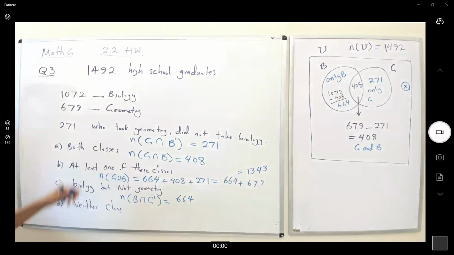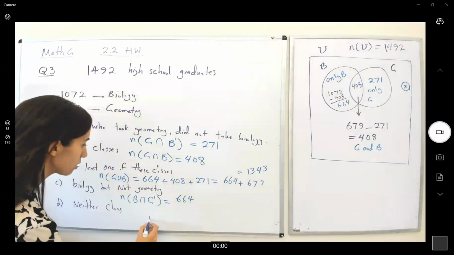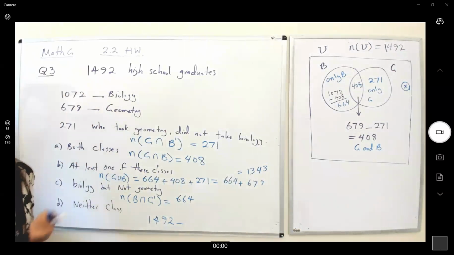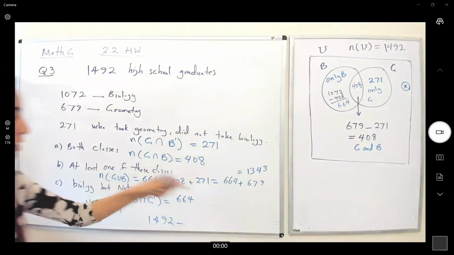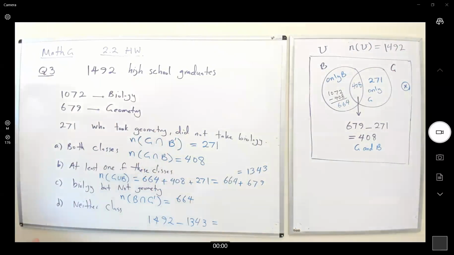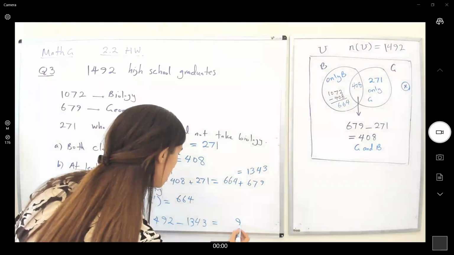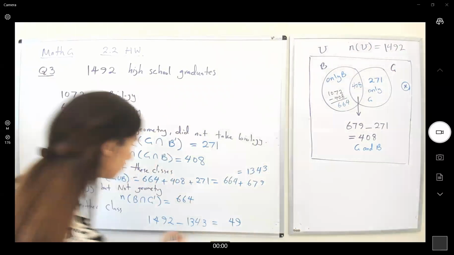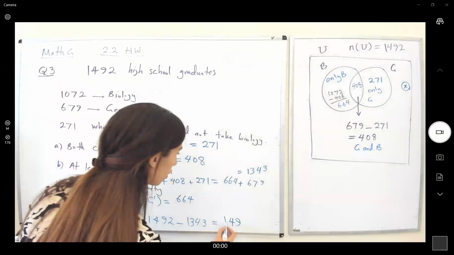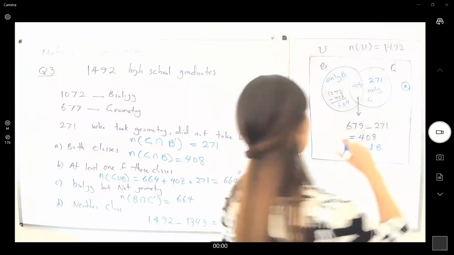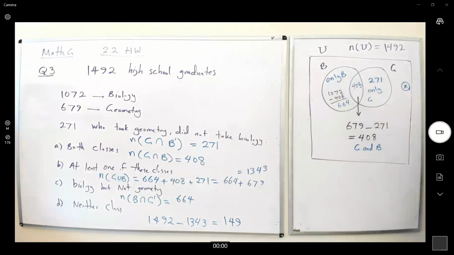So here you have the cardinality of the universal set, 1,492, minus the cardinality of the union of these two sets, which is 1,343. Let us do the subtraction here. We get 149 people who didn't take any biology class or geometry class or both.